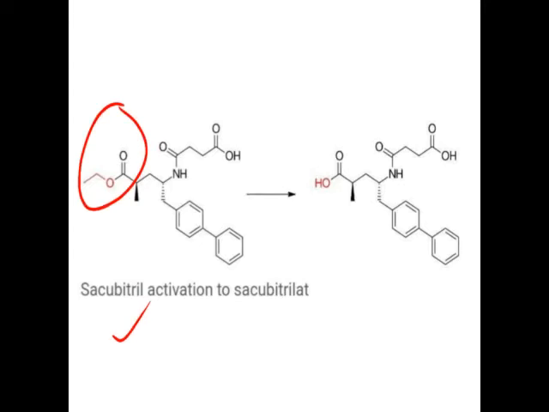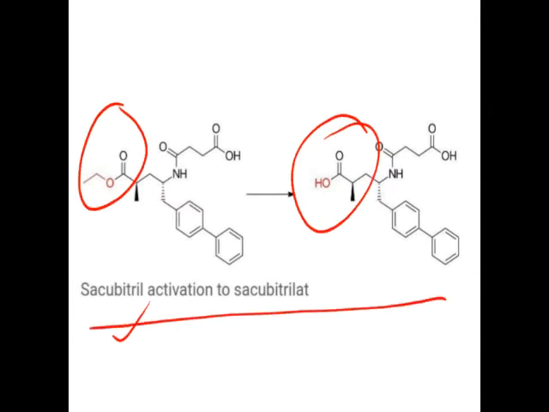Hydrolysis by the enzyme esterase gives the acidic structure, which is actually the active drug that causes the inhibition of neprilysin. So that is the conversion of inactive drug sacubitril to the active drug sacubitrilat. Okay, so this is about the combination of valsartan plus sacubitril.